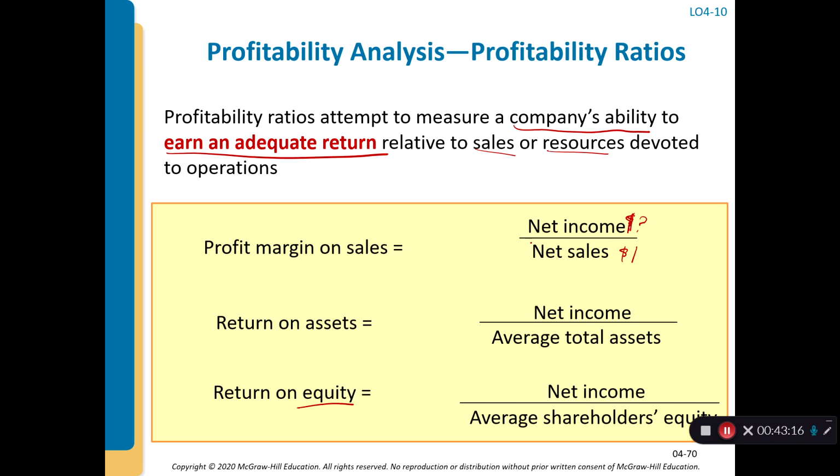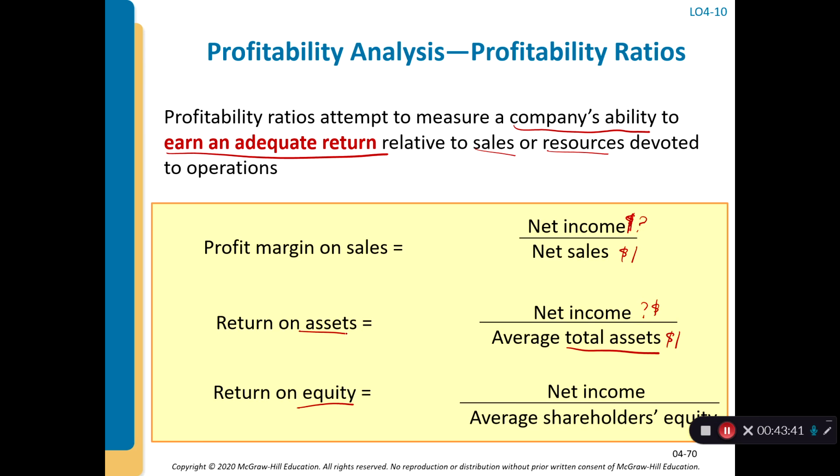And the return on asset ratio is expressed as net income as a percentage of the total assets, right? So this measures the earning power that ignores the specific source of financing. Basically, for $1 of assets, how much net income you can generate.